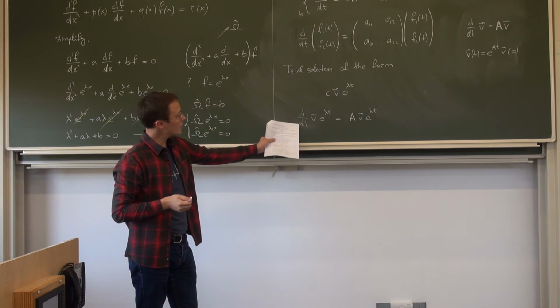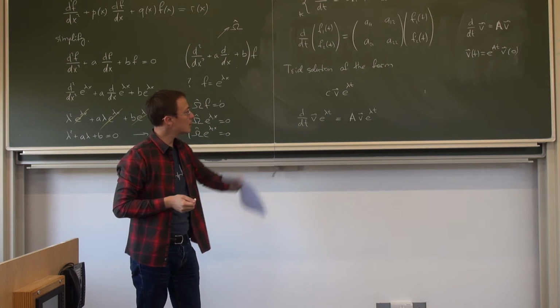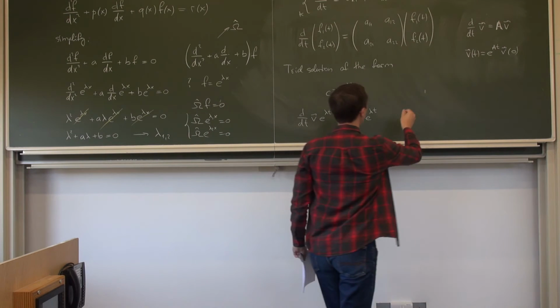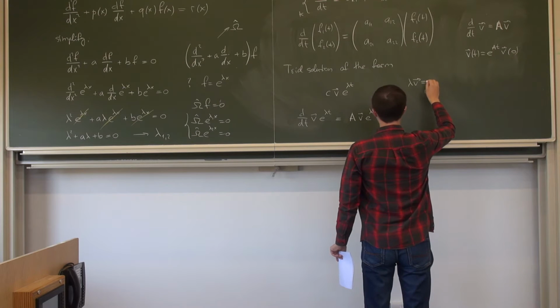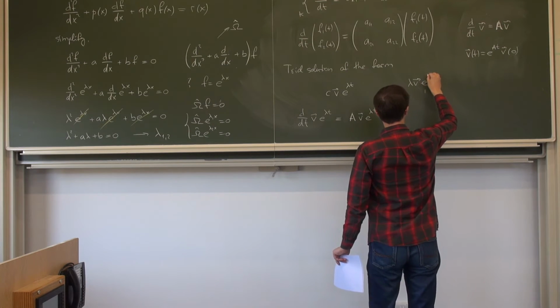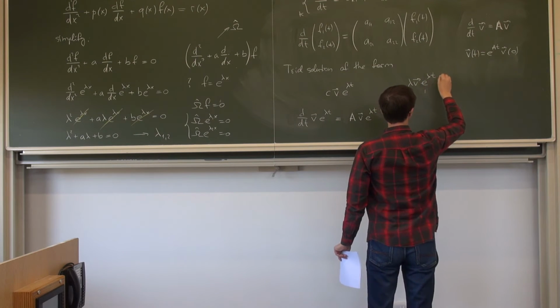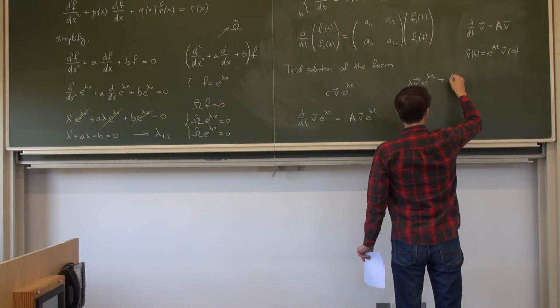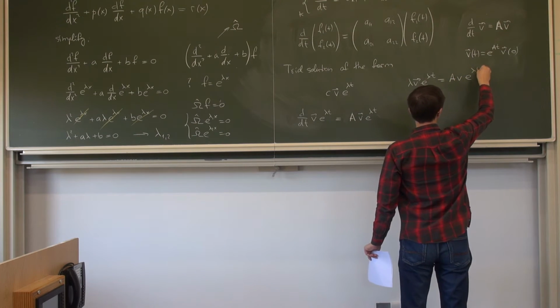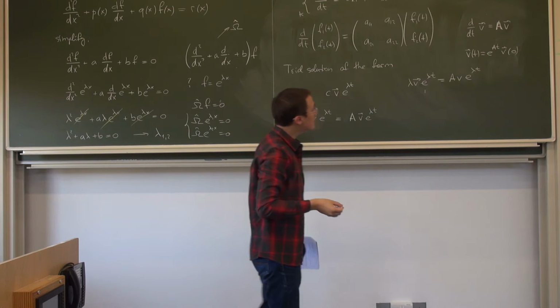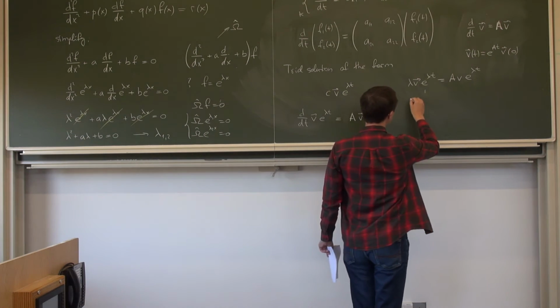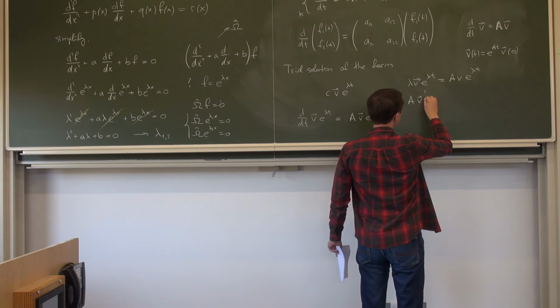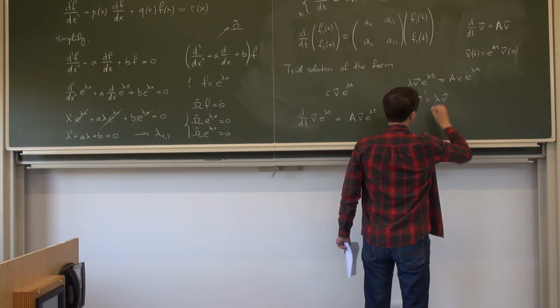So in here we differentiate the exponential, and in there nothing happens. So we now have lambda v e to the lambda t is equal to A v e to the lambda t. Again, e to the lambda t is never 0, so we can just cancel it. And what we then have is A v equals lambda v.